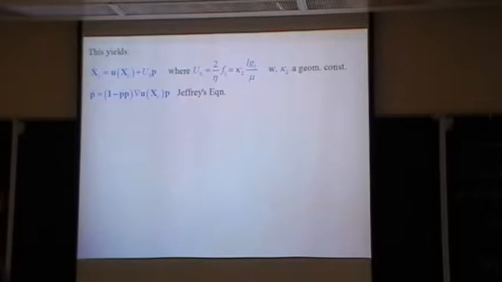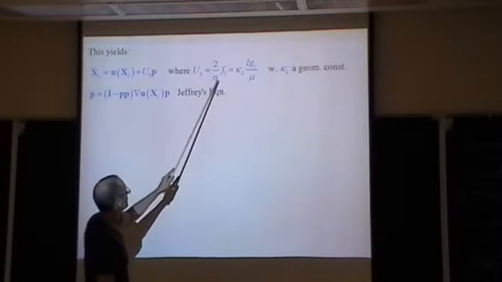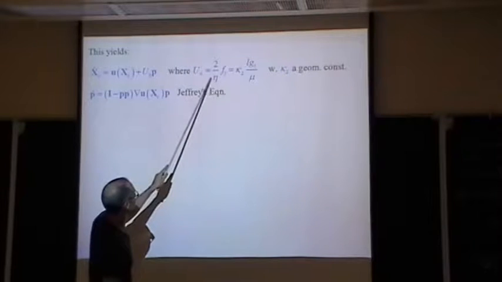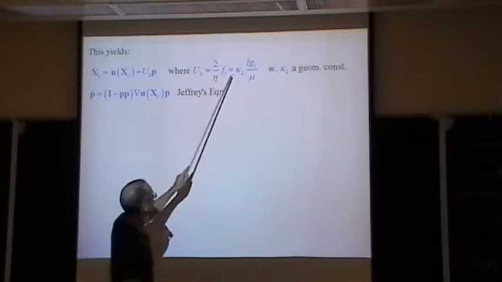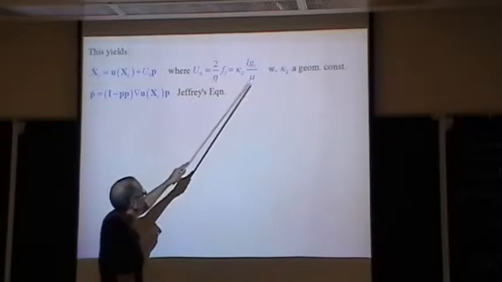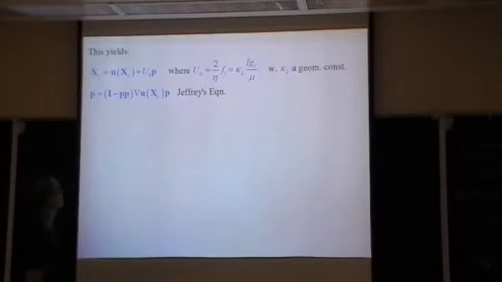U naught you can express in terms of the propulsive stress and a normalized viscosity from slender body theory, which you can write as the length over the real shear viscosity times the geometric coefficient. What you also recover for the rotation is just the classical Jeffrey equation.